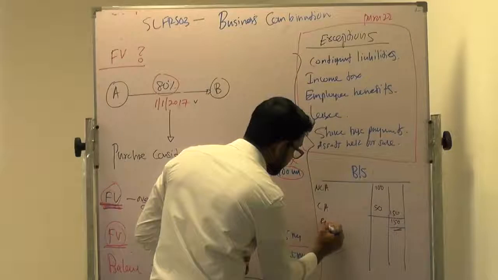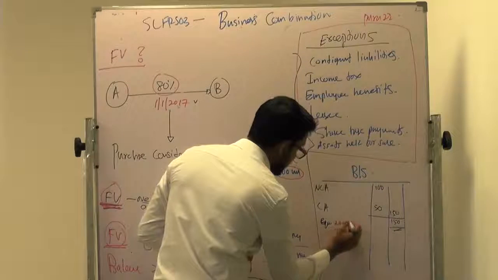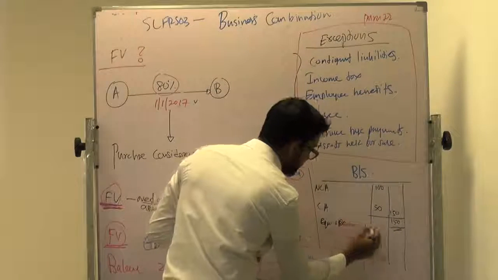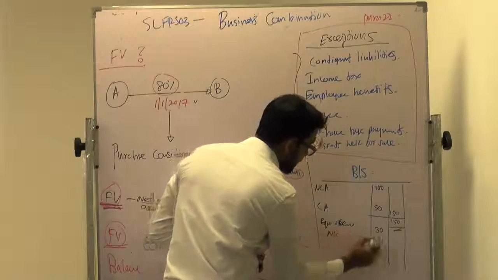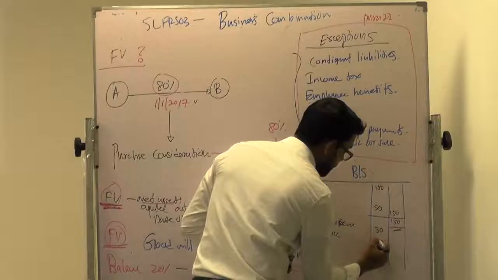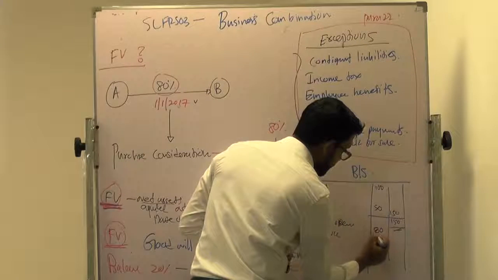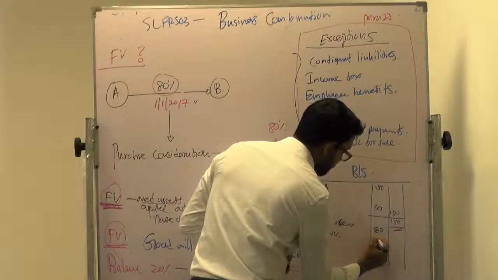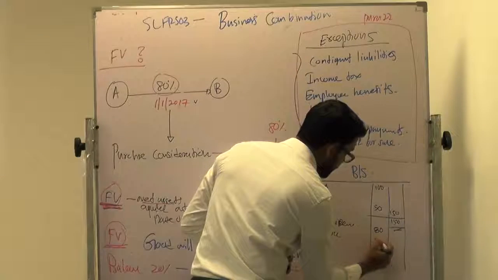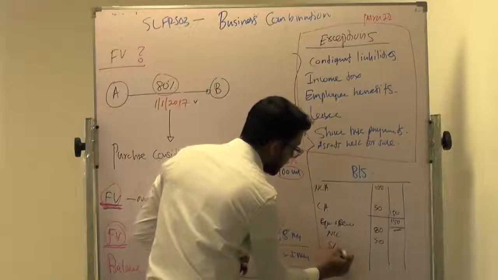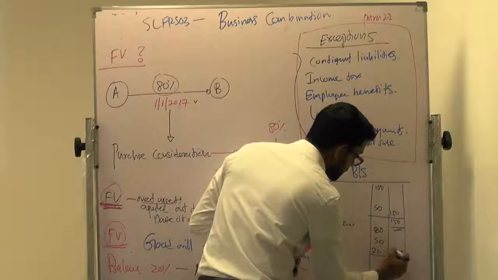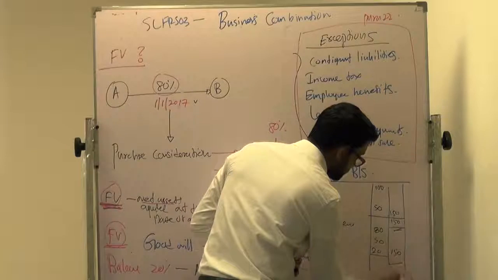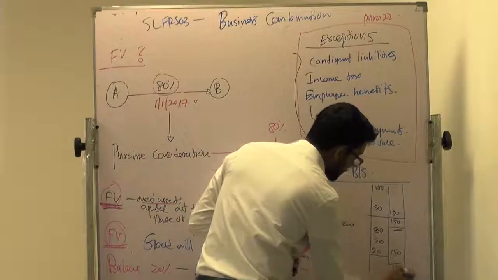Equity plus share reserves, let's say 30 million, non-current liabilities 50 million, and current liabilities 20 million, total 150 million.